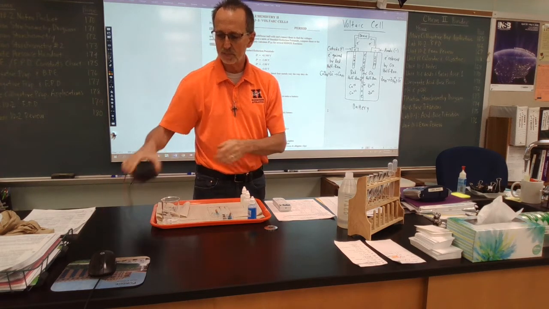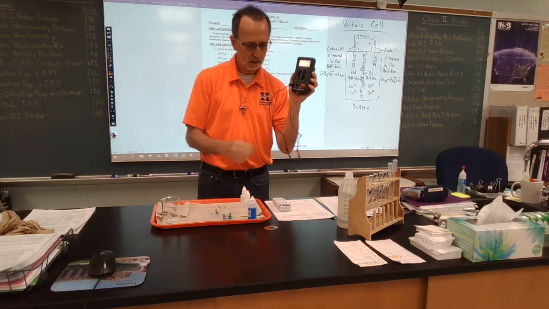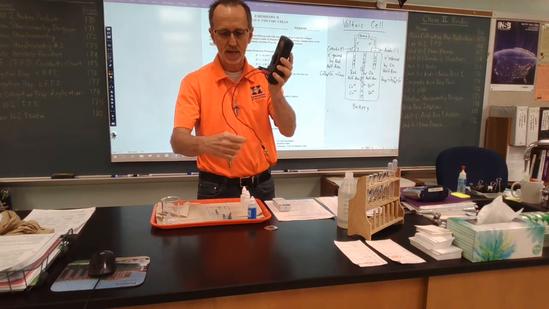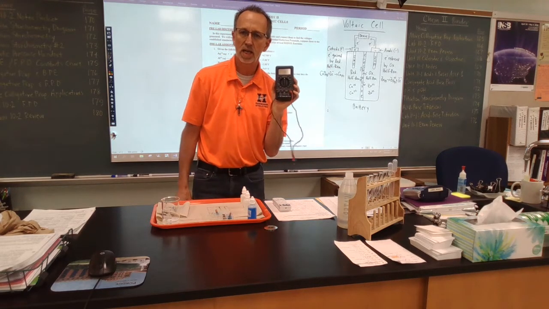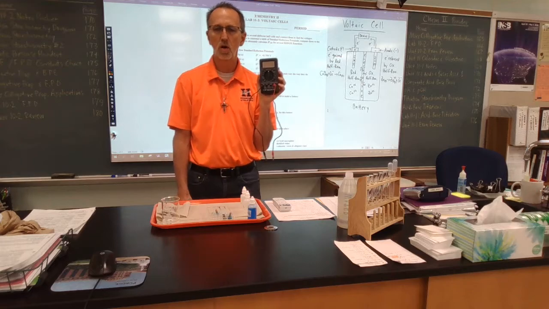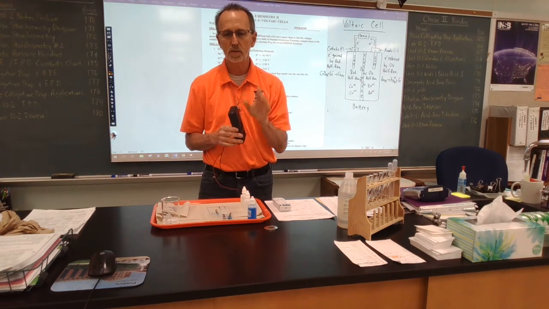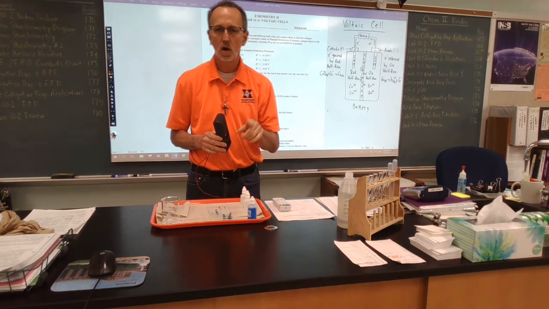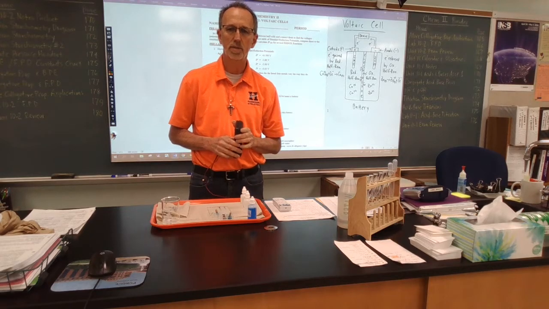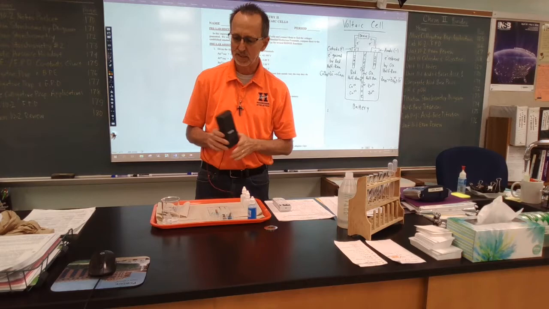And we're going to hook them up to a voltmeter. I'll connect one clip to one metal in one of the half reactions and the other clip to the other one, and get a voltage reading, which will show that the electrons are indeed transferring from the anode compartment, which is where the oxidation and the release of electrons occurs, over to the cathode compartment, which is where those electrons are used to produce another substance.